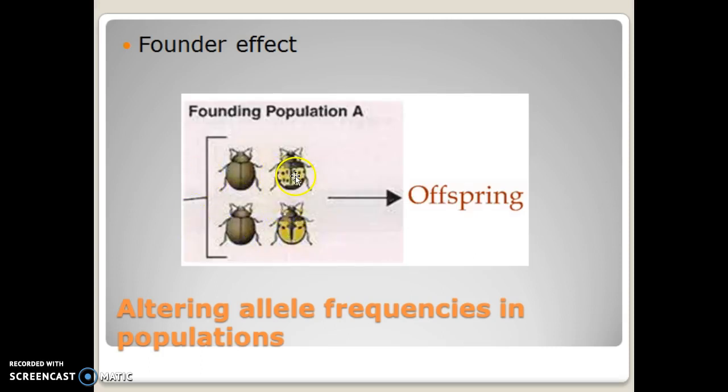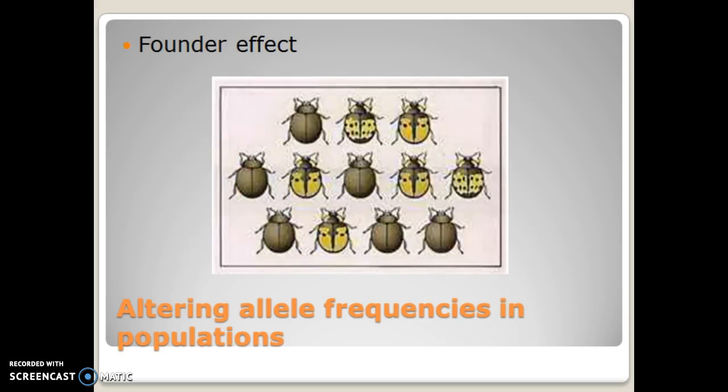We see yellow with a lot of dots, yellow with 2 dots, and then solid black. And that's what we're going to have in our founding fathers: 2 dots, a lot of spots, and then black. That's because of who their founding fathers were, and these coloration patterns were heritable traits.